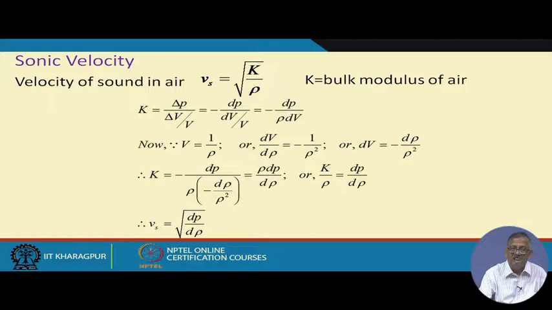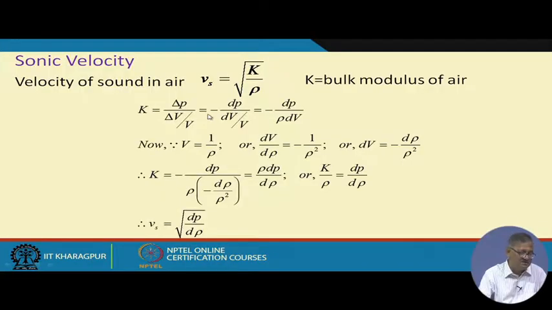Now, it has been seen that the change in volume per unit volume is decreasing as the change in pressure is increasing, right. So as the delta P is increasing, the change in volume per unit volume for the air is decreasing. So to account for this, the negative sign comes in, and if we introduce that, then K is equal to minus del P over del V by V, right.